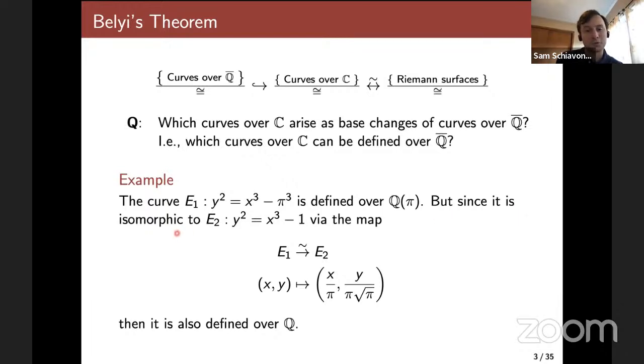However, since it's isomorphic to the second elliptic curve, y squared equals x cubed minus 1 via the map given here, the isomorphism class containing these curves is also defined over Q. So the minimal field of definition of this curve is Q. Another way to phrase this is, does the isomorphism class of this curve over C contain a curve defined over Q bar?